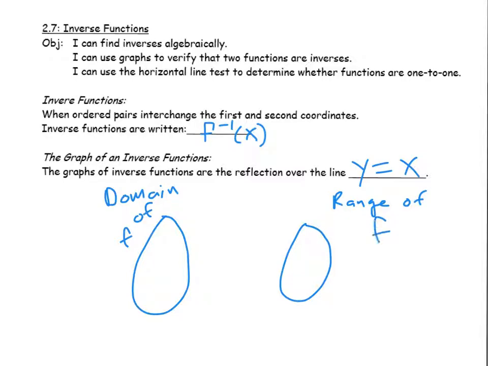Here's the range. The way in which numbers in the domain are paired to numbers in the range is the function itself. It says how the numbers should be paired together, okay?